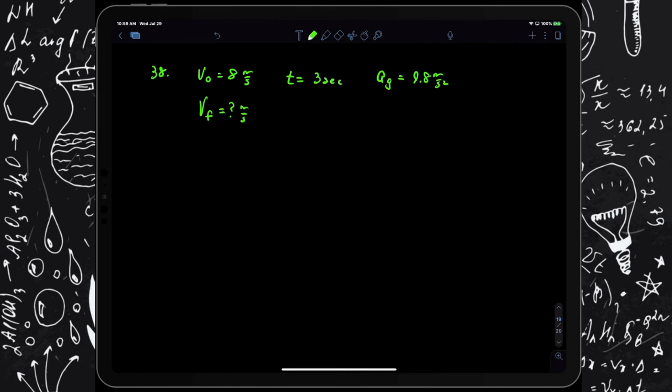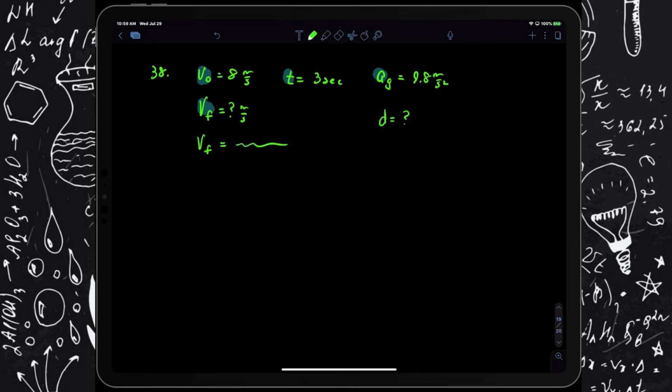And the other thing that it's asking us to solve for is how far down this stone is going to be thrown. At this point, I expect that you can find the equation that has these 4 variables in it. We did one of those already in this problem set.